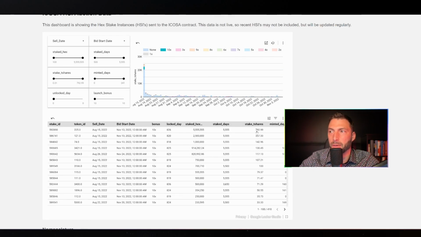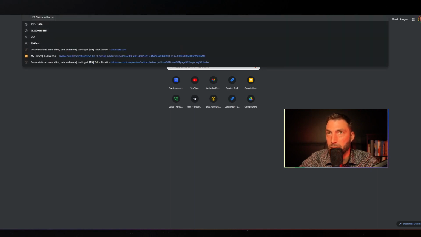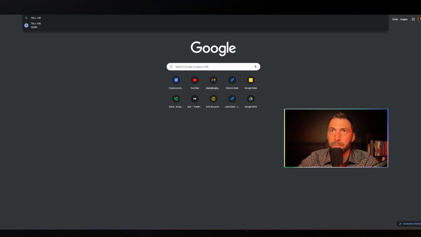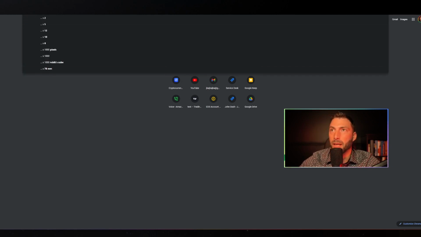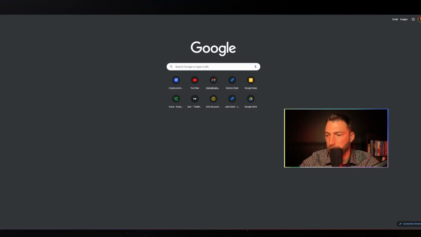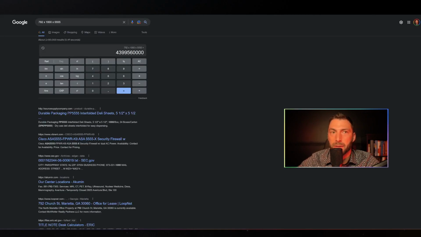Basically, all you got to do is know the number of T shares. So it's 792. So you go over here, 792 T shares times 1,000 times the amount of days that it's staked for. So this is staked for the max length. So we'll go 5555. And it comes up with, let's see how big this number is.